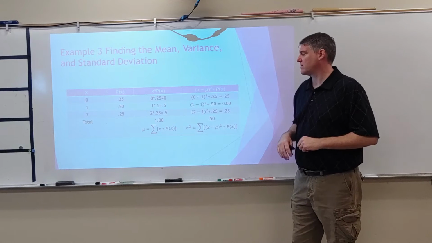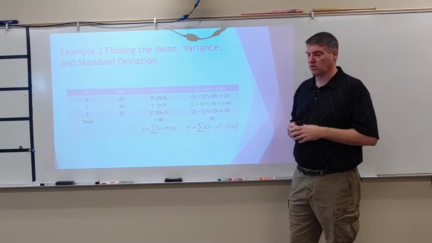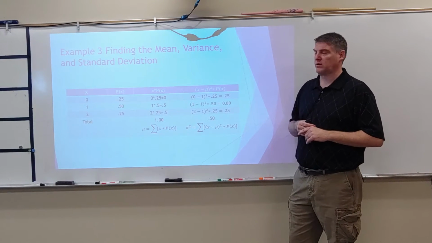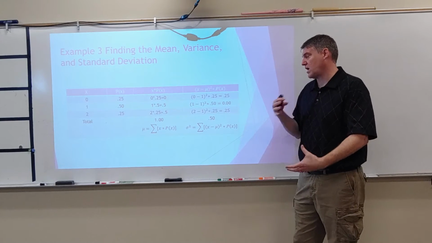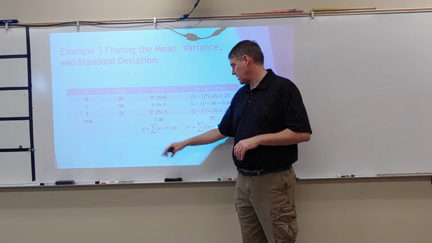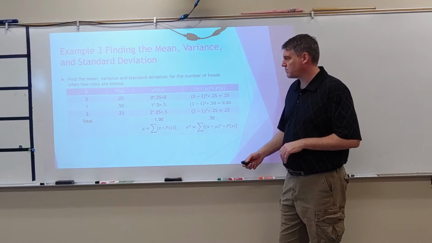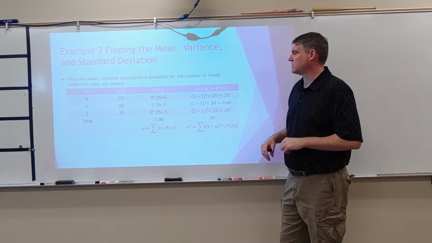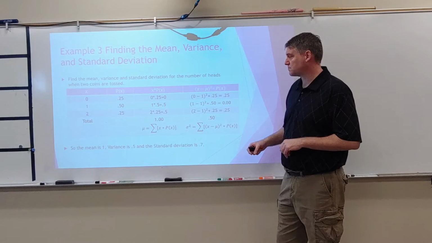Finding the mean, the variance, and standard deviation. So here we're back to our probability of heads, right? We're looking at how many heads we have. Find the mean, the variance, and standard deviation for the number of heads.